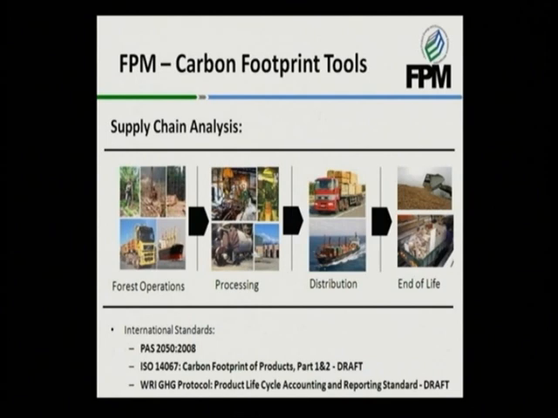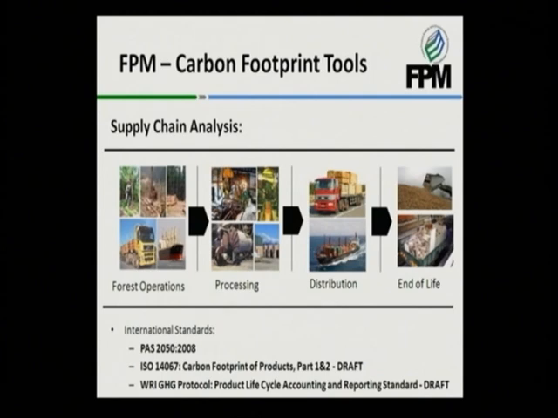So as I said, and to make it clear, what we've done is develop two modelling tools, one for forest owners and one for primary wood processors, capturing data across the supply chain related to inputs relevant to calculating a carbon footprint, and then that information is modelled in the tool, and the result would be that either forest owner or primary wood processor would be armed with information relating to their carbon emissions across their supply chain, both at an absolute level but also at a product level in terms of the embodied carbon emissions in producing a given unit of product.